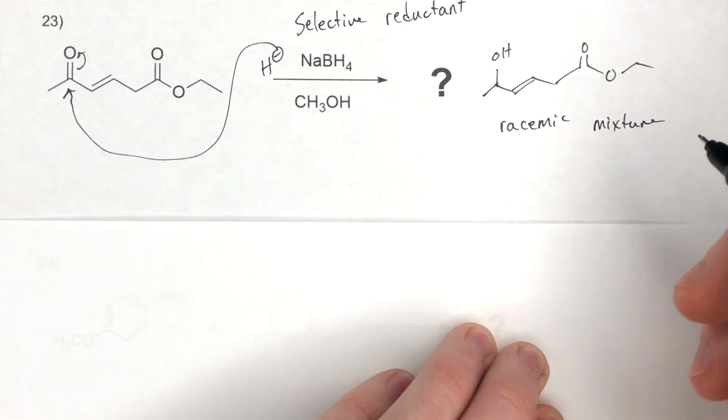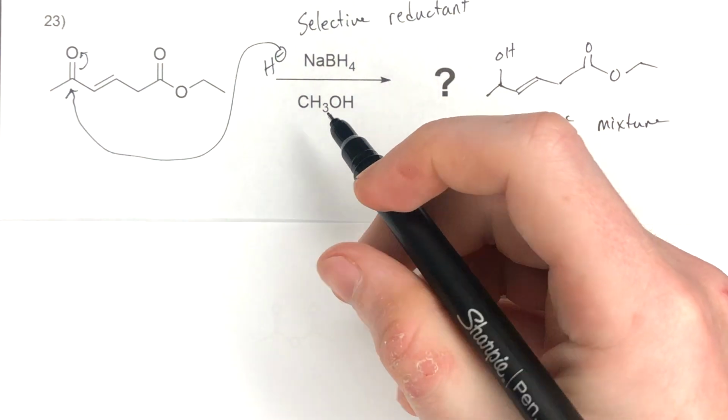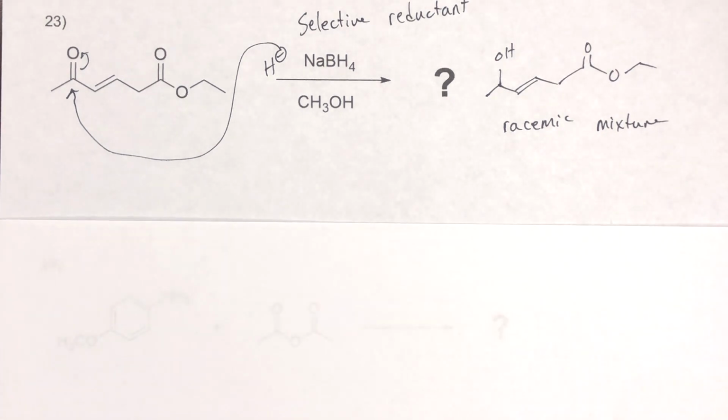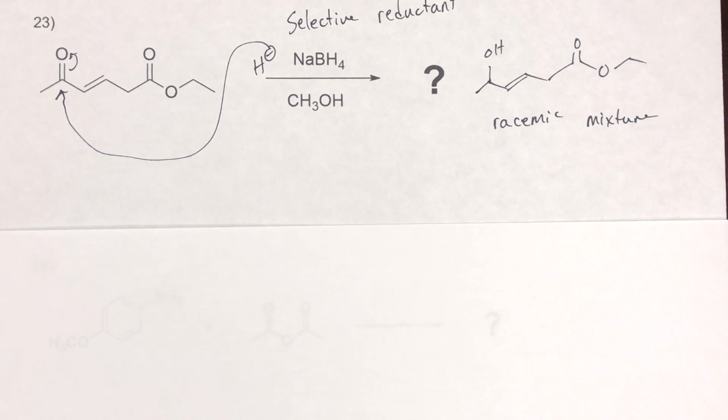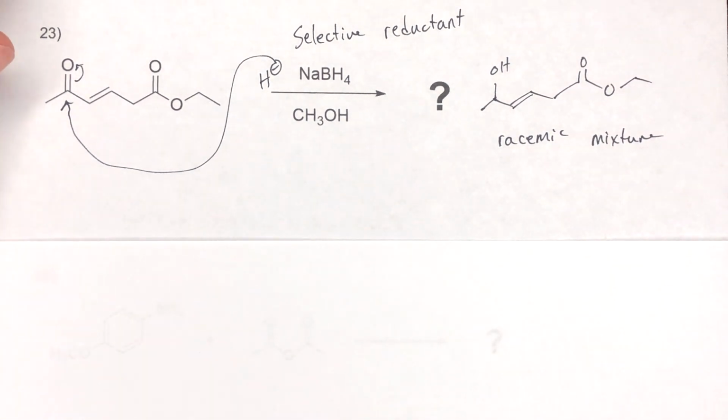And we started with a planar species to react with, so the nucleophile can come from above or below. And the methanol here is simply to protonate the oxygen negative charge to the OH that we see in our final product. So the ester remained completely unchanged, so does the alkene. So that's what I mean by the sodium borohydride being a selective reductant. It selectively reduced the ketone.